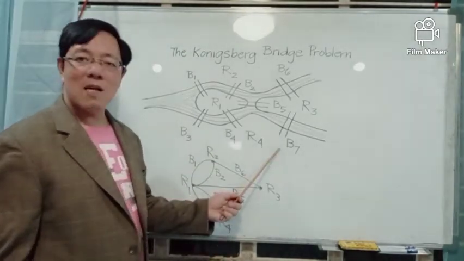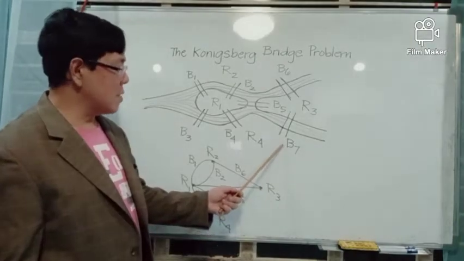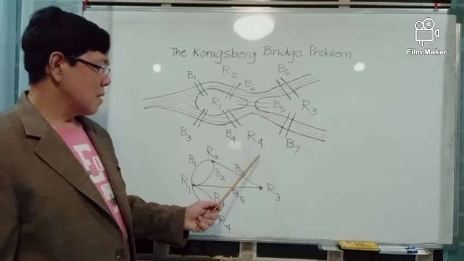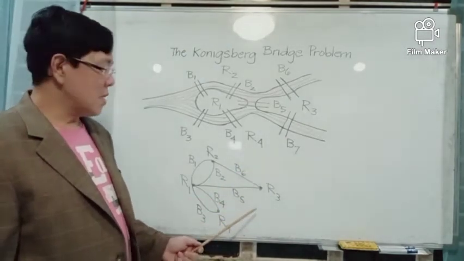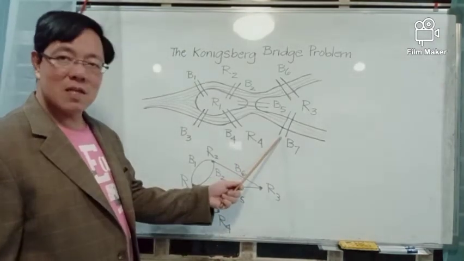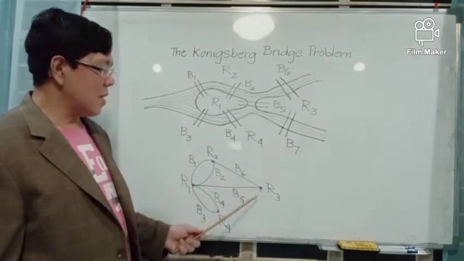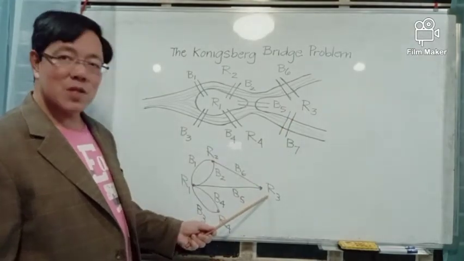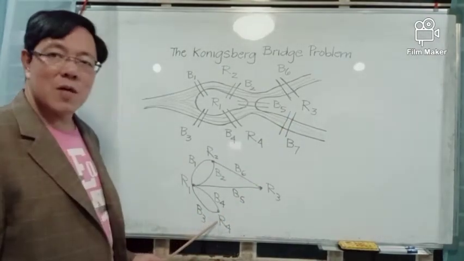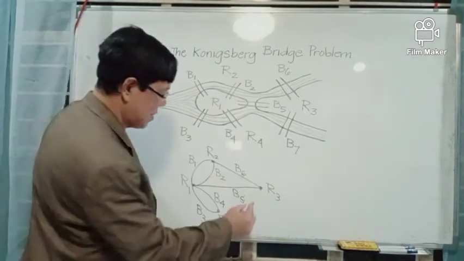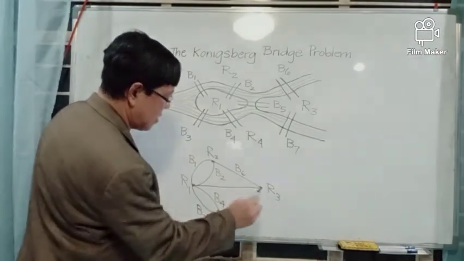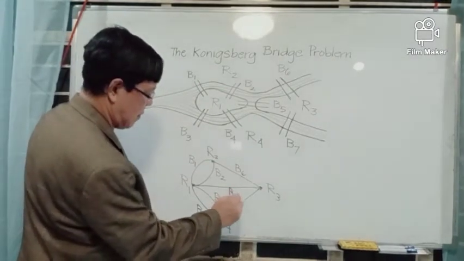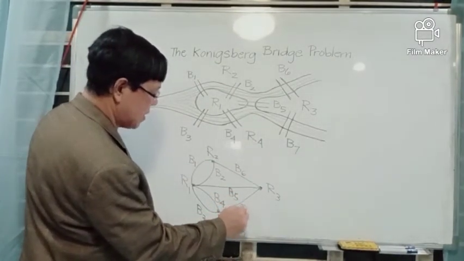And finally, the last and seventh bridge is the bridge that links regions 3 and 4. In our graph, the seventh bridge will be represented by a line that connects the vertex R3 representing region 3 and the vertex R4 representing region 4. We construct that line. And this is B7.